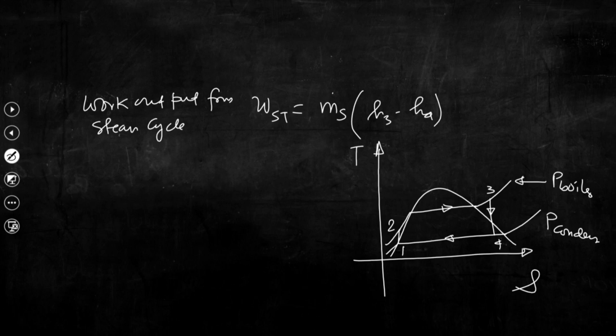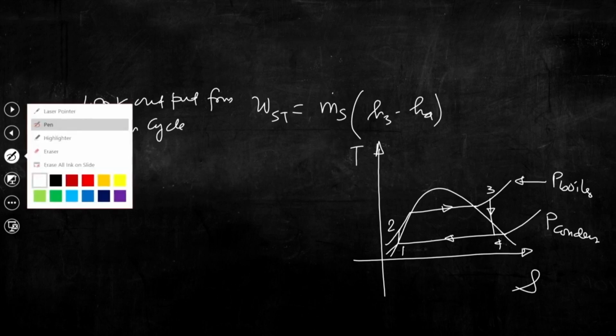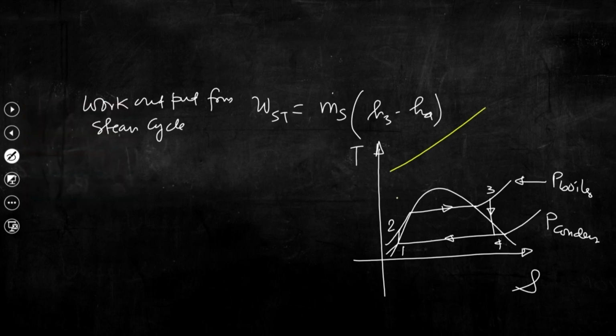Now, there is a topping cycle, and that cycle in the TS plane is like this. If we try to draw using this color, right. So, this is C, this is D, this is A, this is B. So, this is P equal to constant, this is P equal to constant, and this is the heat addition Q in and this is Q out.